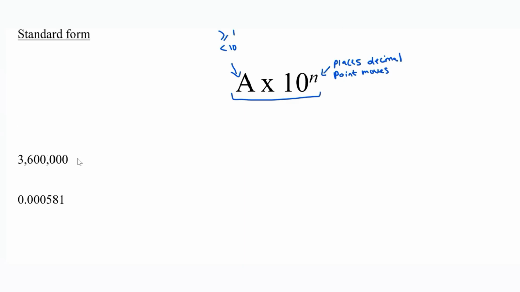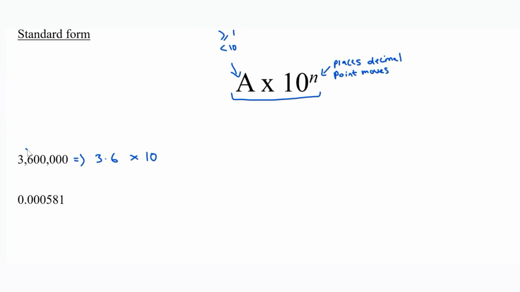So if we look at this first number here as an example, if we wanted to convert 3,600,000 into standard form, first we would need a number a, which is more than 1 and less than 10. So here we can have 3.6 multiplied by 10, and n will be how many places the decimal point moves from 3.6 to give us 3,600,000.